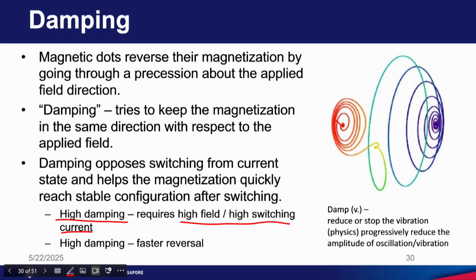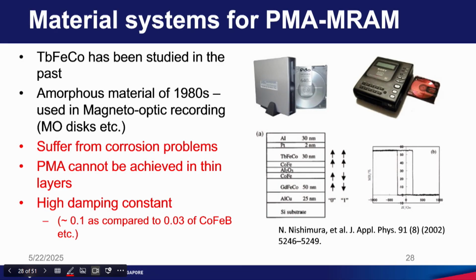So there are benefits as well as problems. Damping helps to improve speed, but damping makes the writing current larger. So if you look at the materials that we just discussed, these materials had a high damping constant, which means we need more current to switch this magnetization. So that's another problem. So they need more energy for writing.